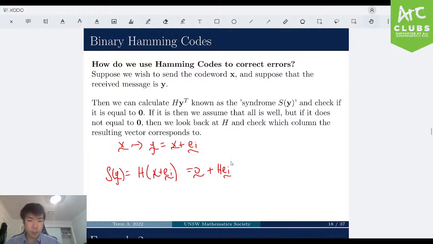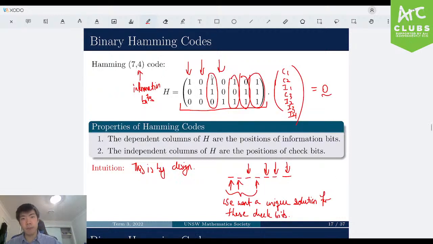Well, note that H, which is a matrix, times a basis vector in position i, will just return us one of the columns of H.